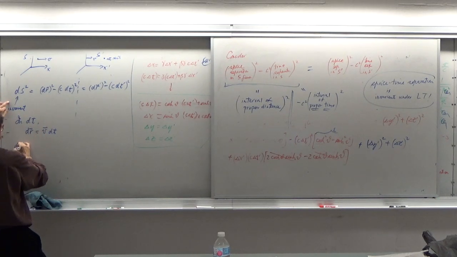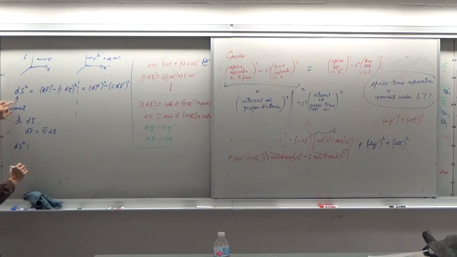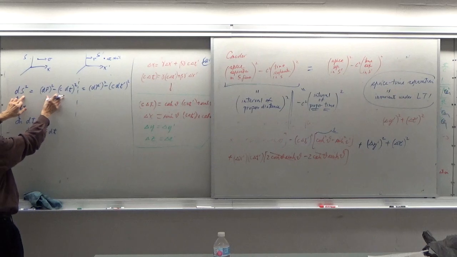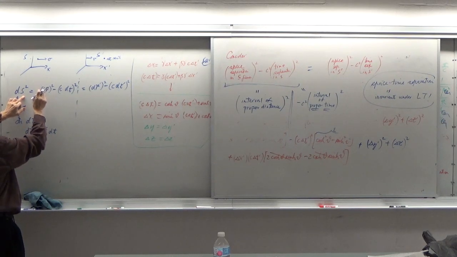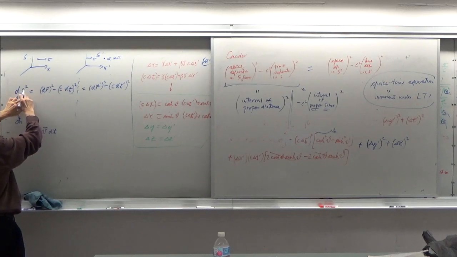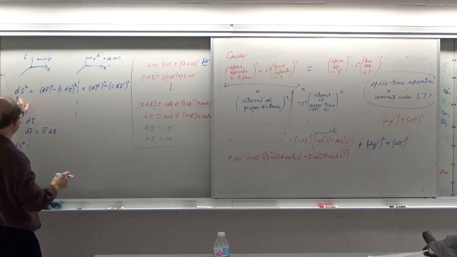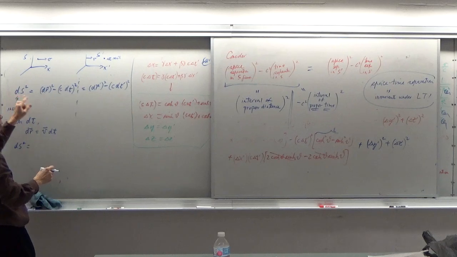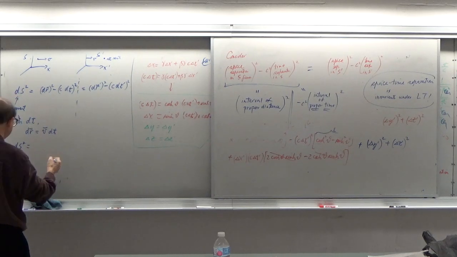This s is not to be confused with the S frame, but people like to denote this combination of space separation squared minus time separation squared by ds squared. And ds squared is invariant under Lorentz transformation.